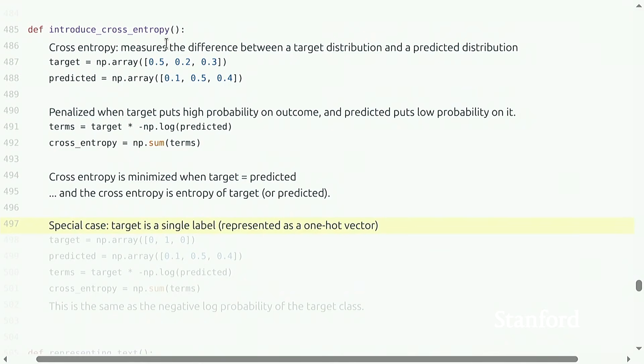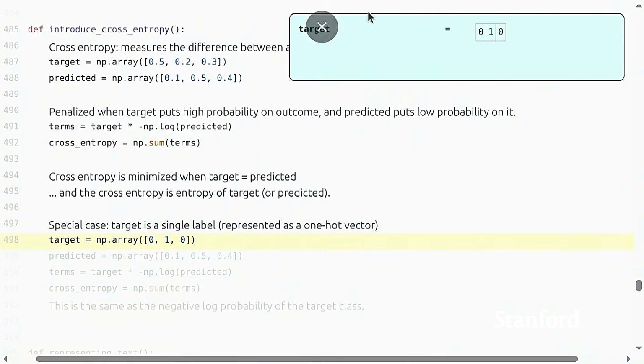this is going to be a very special case where the target usually is a single label and it's represented as a one-hot vector. So for example, if the target is actually 1, then I'm going to represent that as a distribution where all the probability mass is on the index 1. Okay?